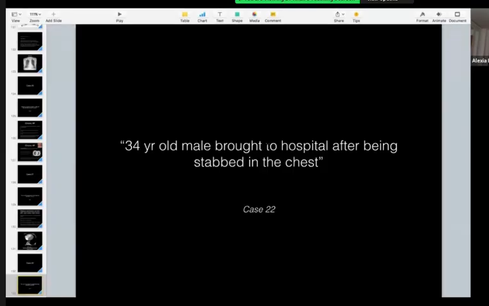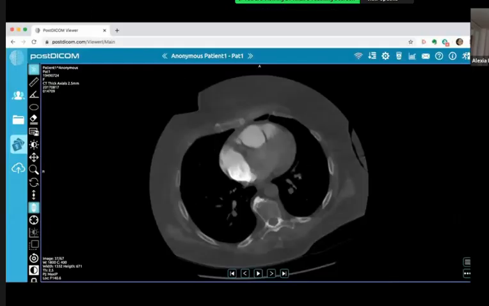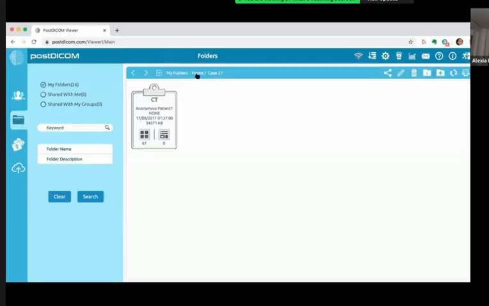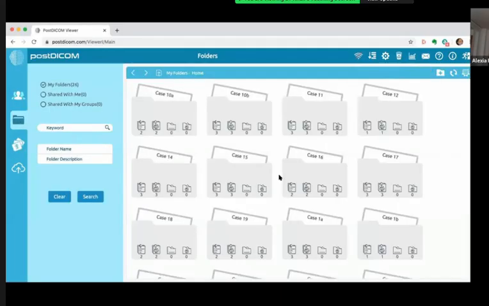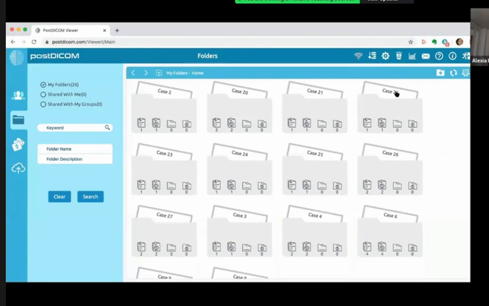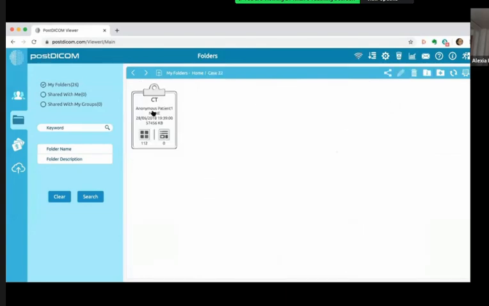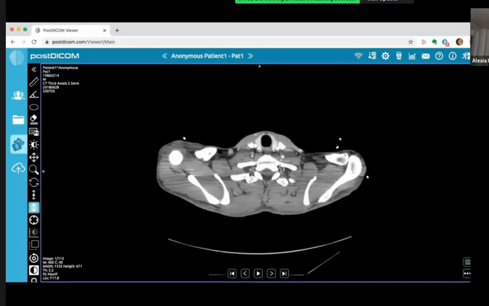So let's have a look at the imaging for this gentleman. So a CT was done. And I will show you 2 windows. I'll show you the soft tissue window, and then I'll show you also the lung window. Okay? So just have a look.